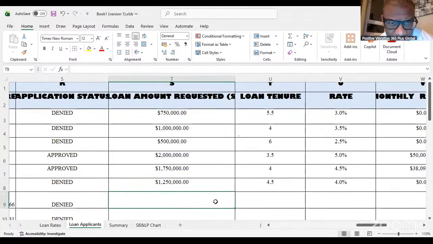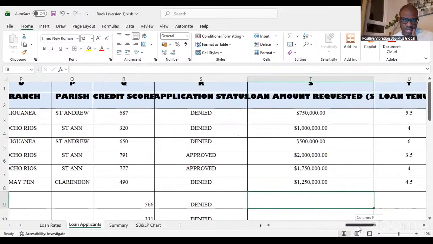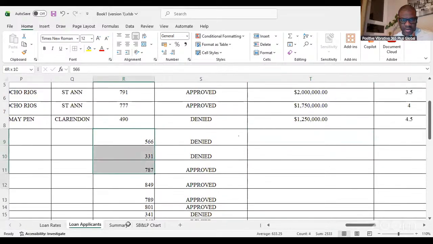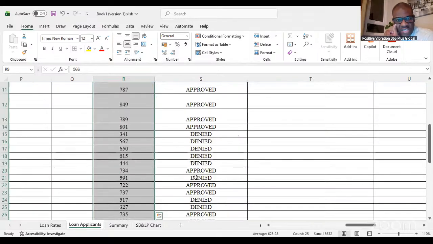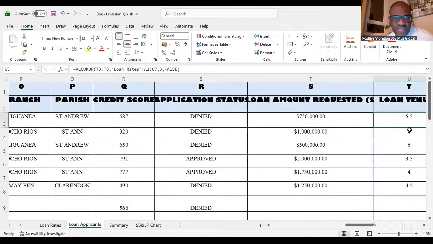All right, so they did say we needed to take exact figures. I need this to know if the applicant is approved or not. So we'll try to score the points for the sorting here. Of course, the rest of the data I'm going to need to fill in for the formulas.